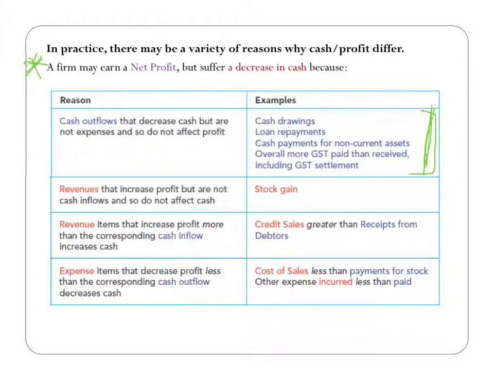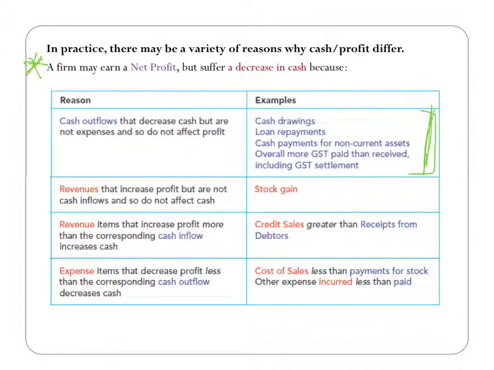Finally, expense items that decrease profit less than the corresponding cash outflow decreases cash. So if the cost of sales is less than the payments for stock, the expense item will decrease profit, but less than how much it decreases the cash.